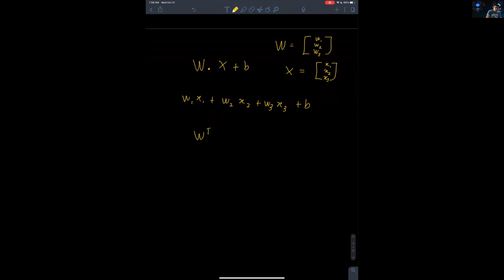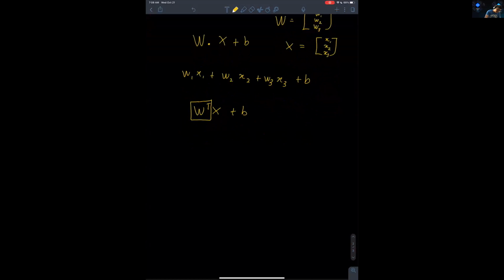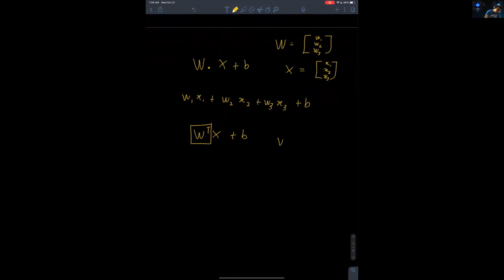The other representation we saw was the transpose, and this is, as you can see here, W^T hanging at the top. That's known as the transpose of a matrix, and since W is represented like this, taking the transpose of it just flips it.